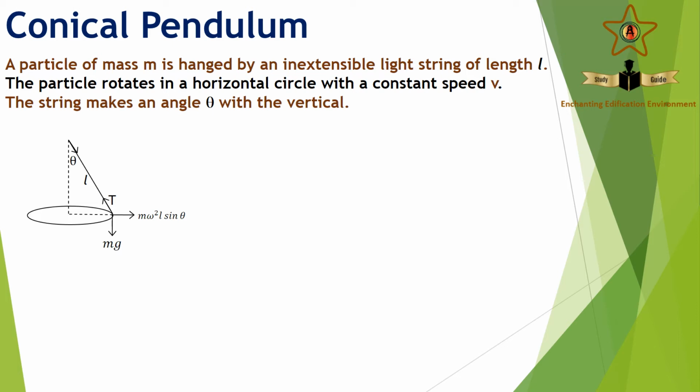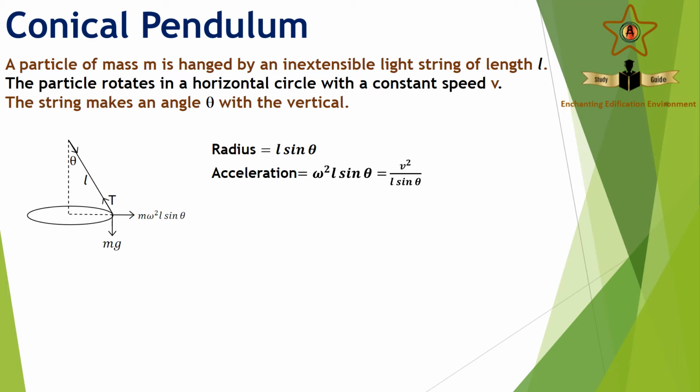T is the tension of the string, L is the length of the string, and mg is the weight of the particle. m omega squared L sin theta is the centrifugal force. The string is inclined at theta with the vertical. So the radius is going to be L sin theta. We know sin theta is opposite over hypotenuse, so the opposite will be hypotenuse times sin theta.